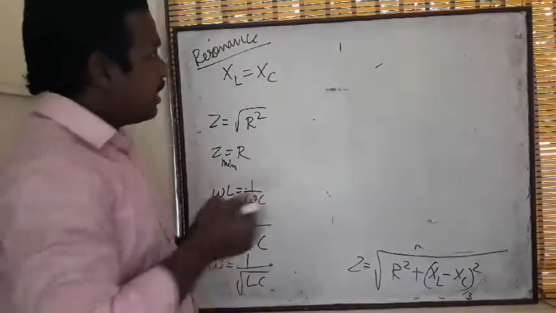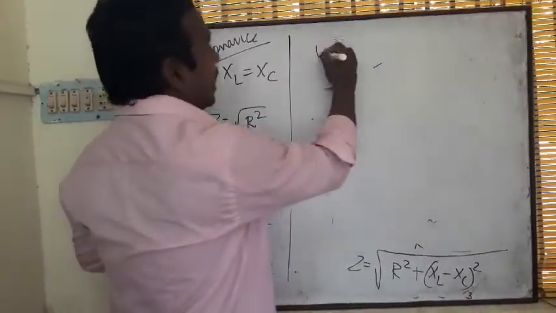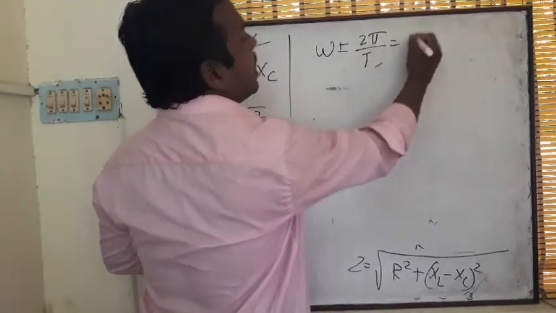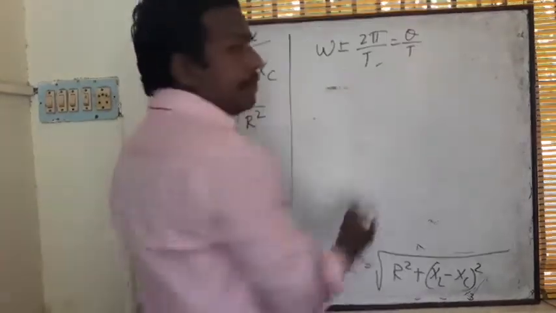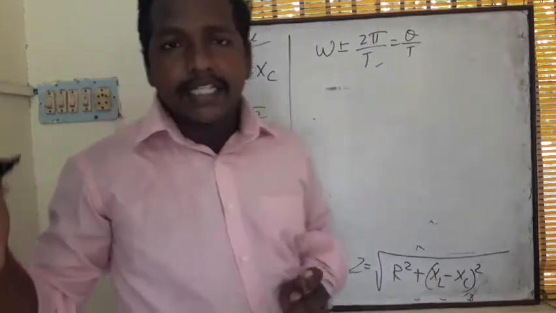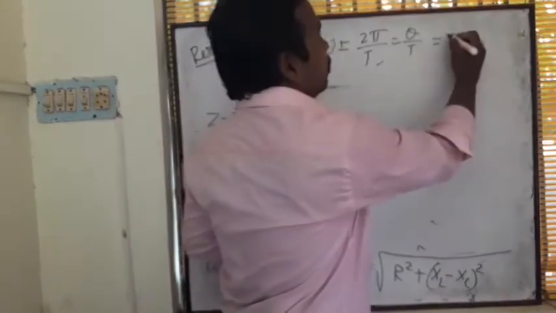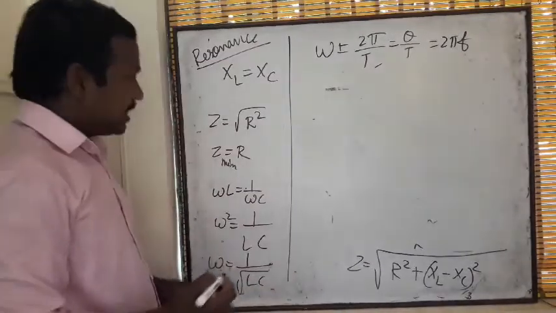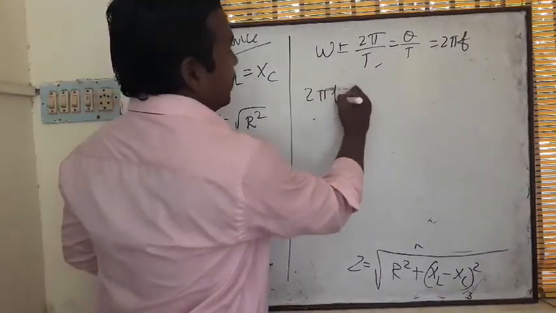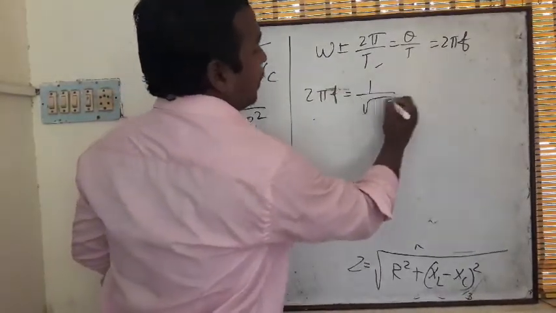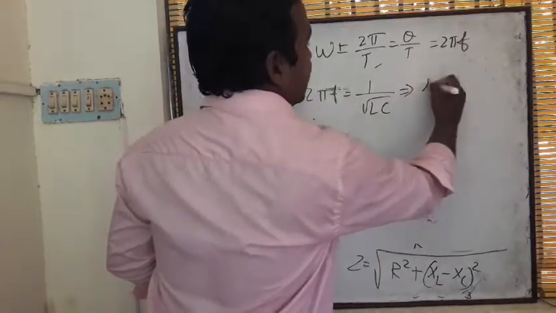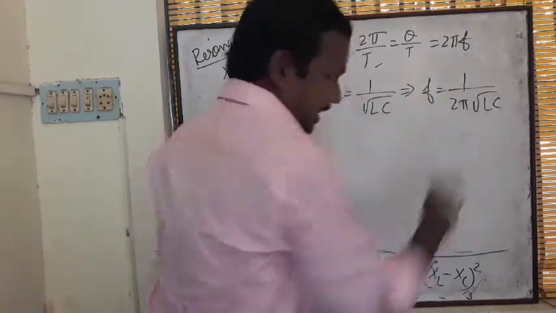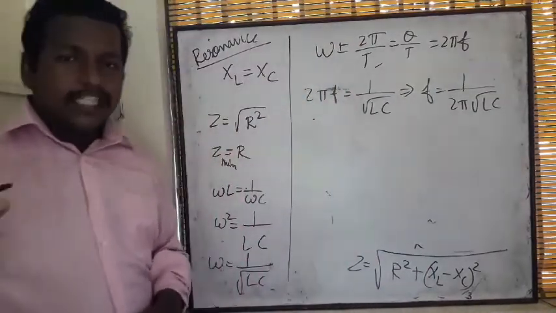Omega is equal to 2 pi by T, which is theta by t. 1 by time period we can take as frequency. That means 2 pi f represents omega. So 2 pi f is equal to 1 divided by root of LC, that means f is equal to 1 divided by 2 pi root of LC. So we got the frequency.